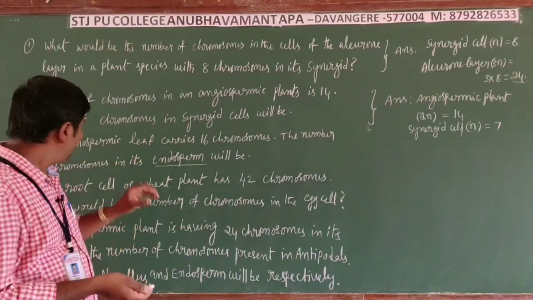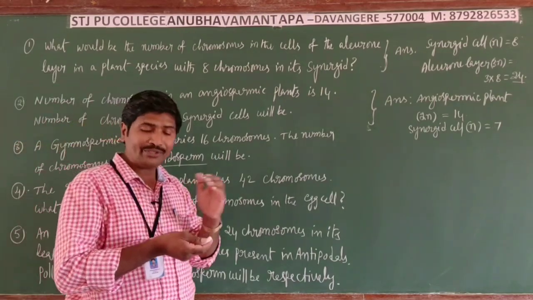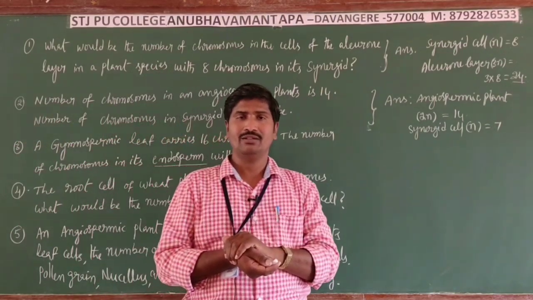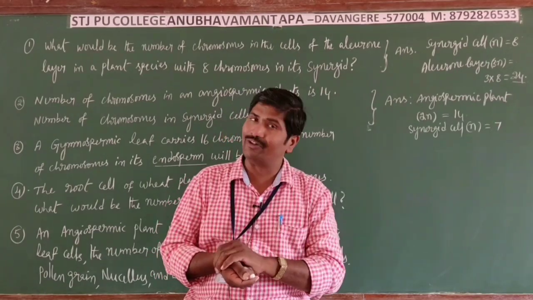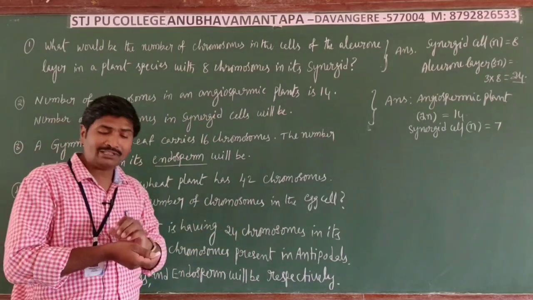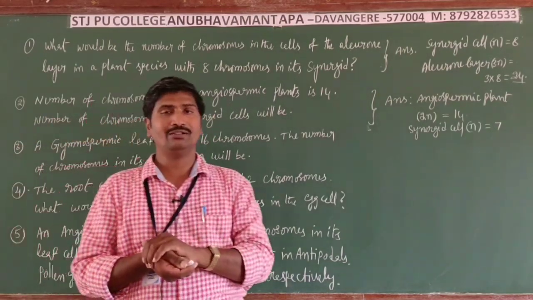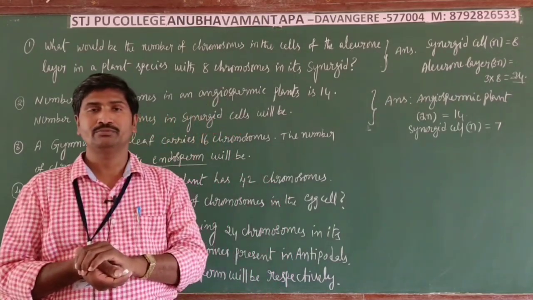Why? In gymnosperms, the endosperm is developed before fertilization. It also represents the female gametophyte. So generally the female gametophyte is haploid.